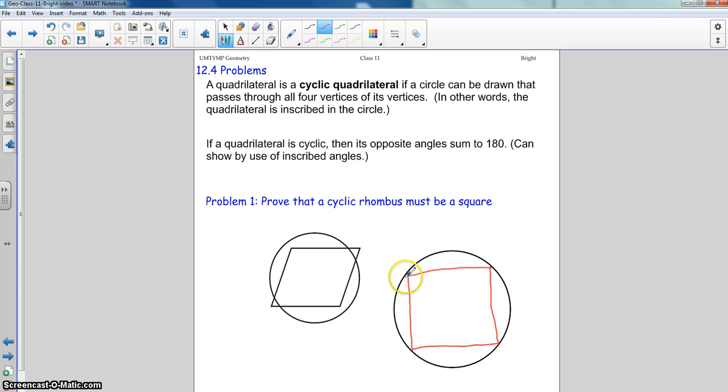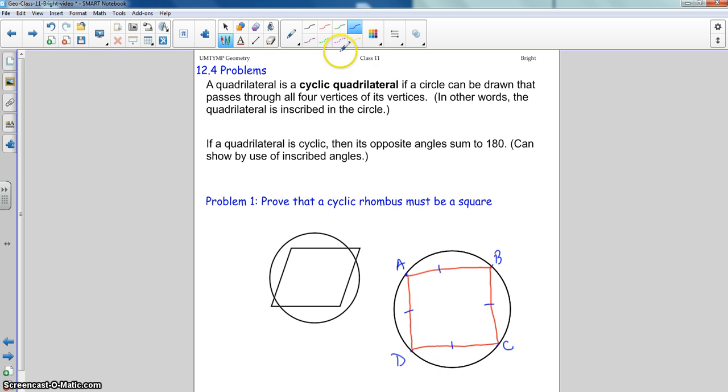Even though I drew it like a square, I don't yet know that the angles are 90 degrees. That's what we're going to show. I'm going to call this point A, where it intersects the circle, point B, C down here, and D in this corner. Since it's a rhombus, I know that all of its side lengths are the same.